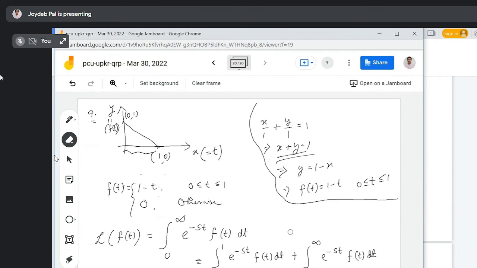No tension for the second part. Complete this, put f(t) in the first integration and then solve that integration.